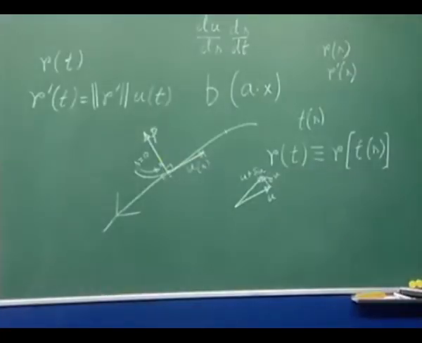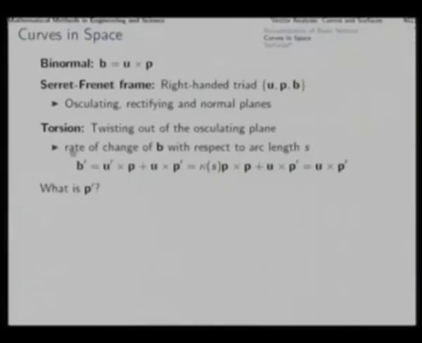So, that is why we measure torsion through the rate of change of b with respect to arc length. So, if you try to differentiate this to get the rate of change of b, then you get b prime as u prime cross p plus u cross p prime.